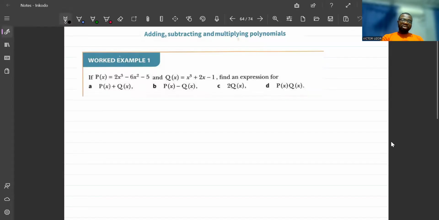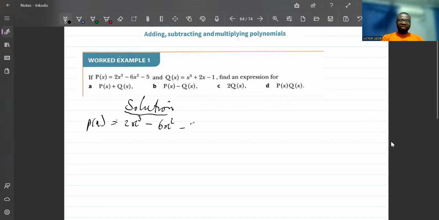Looking at these particular questions that are here, we have the first question where the first function there is p of x, and we know that p of x is equal to 2x cubed minus 6x squared minus 5.